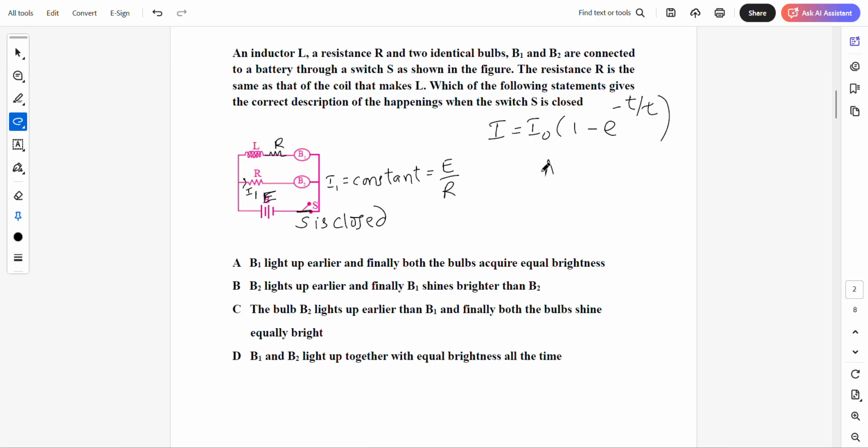At t is equal to infinity, after some time, I will be equal to I naught, that is equal to E by R. I will call this I1, because the same current will be flowing here also after some time. That is equal to E by R.